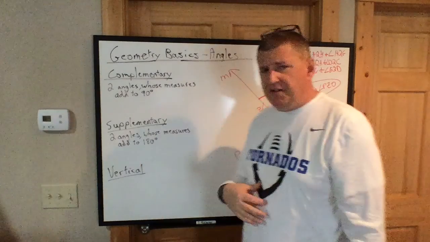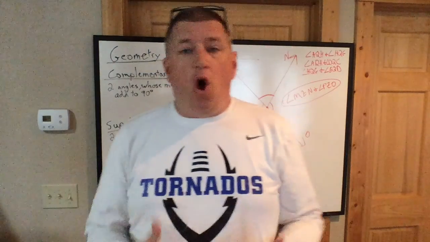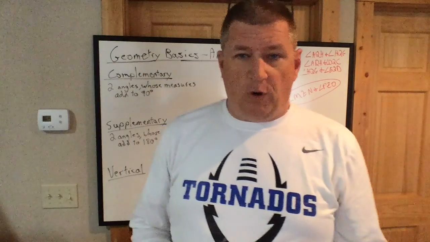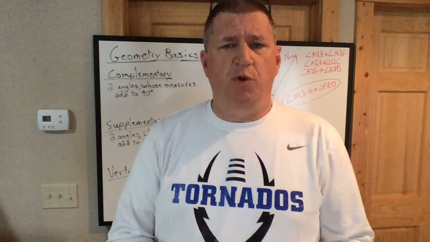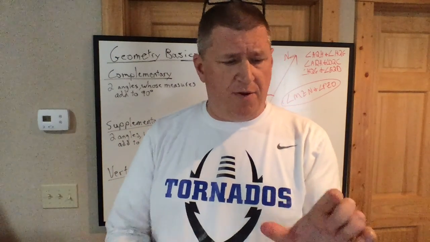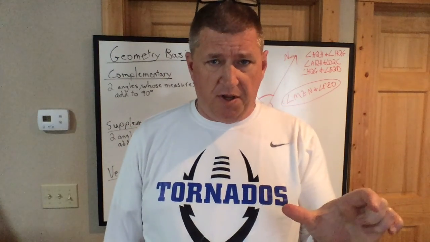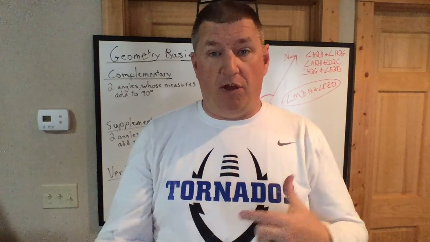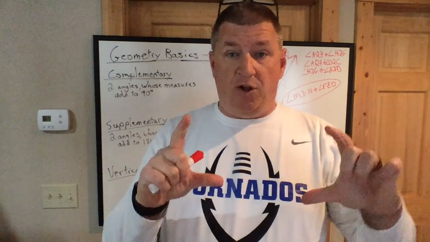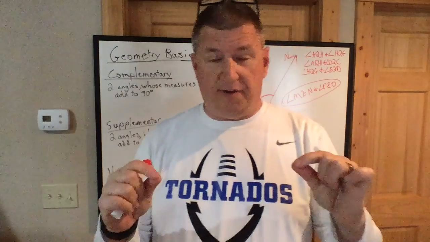And the other thing that you need to know about vertical angles is that all vertical angles are congruent, or they're equal in measure. Think of a pair of scissors. When you open up your pair of scissors, the wider that it is between your fingers, the wider the blades are on the other end of the scissors. And the angles on the outsides work the same way as well.